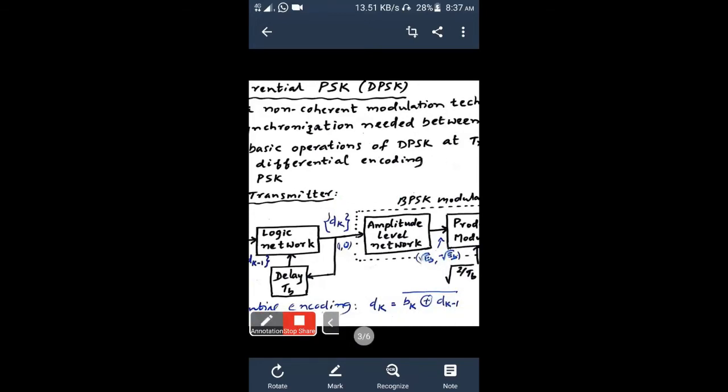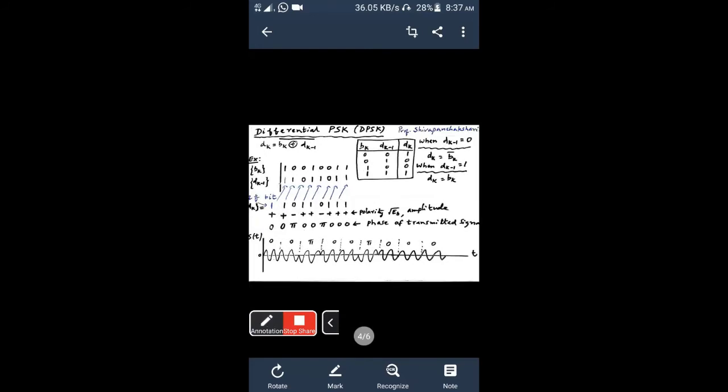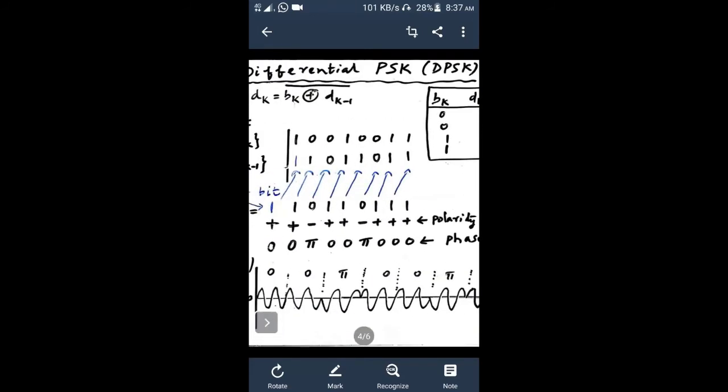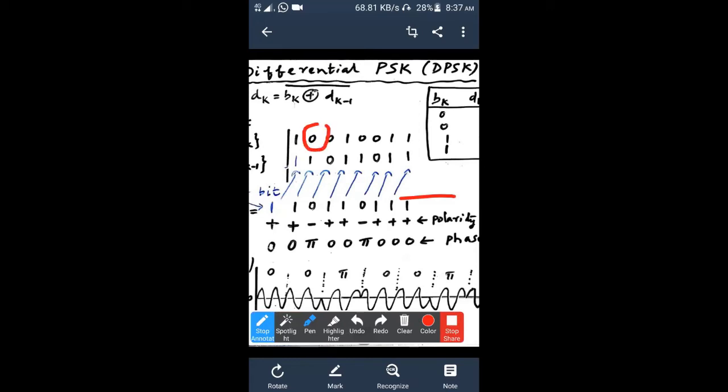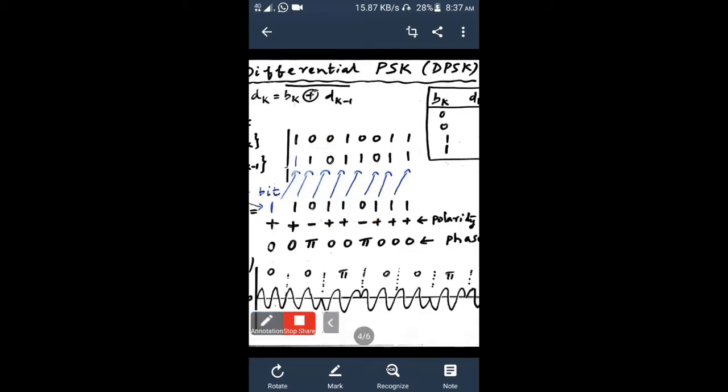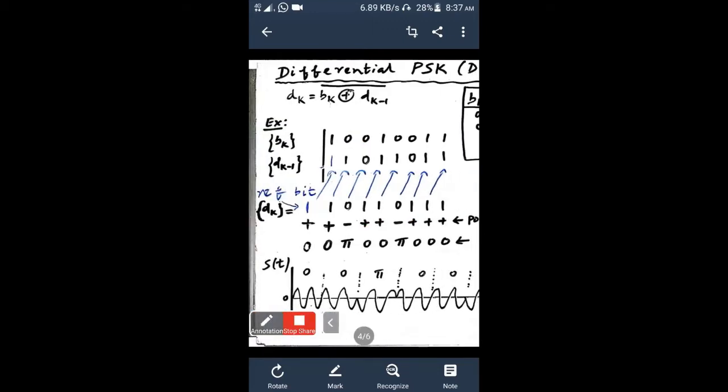Next, come to the second data. In this case, your second bit is 0. When the second bit is 0, what is your dk minus 1? 1. Where does this 1 come from?